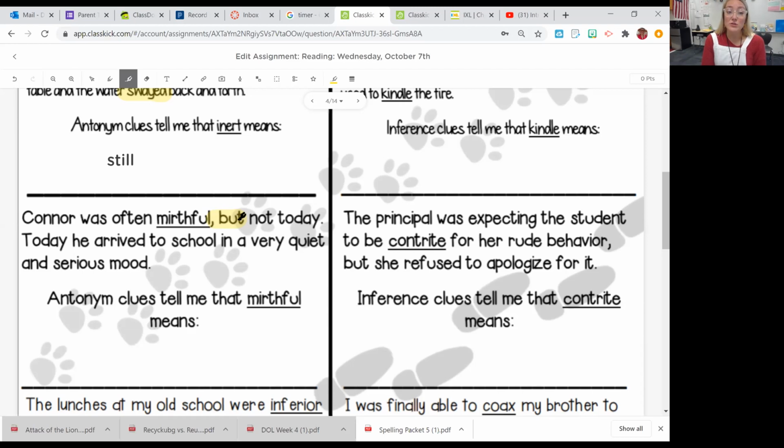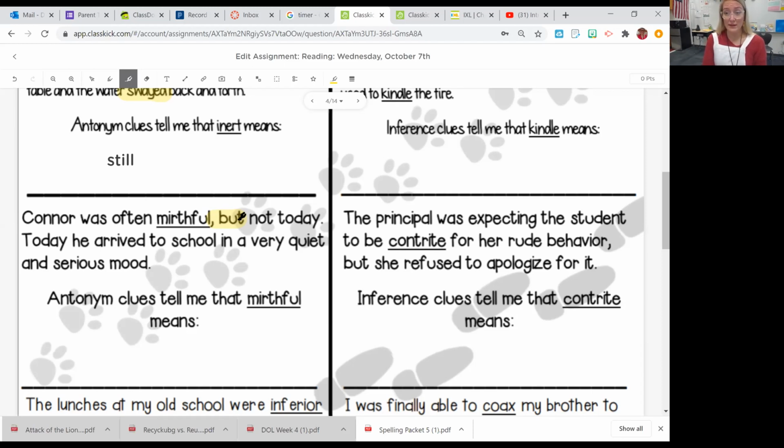Today, he arrived to school in a very quiet and serious mood. So we're looking at what mirthful means. He's often mirthful, whatever that means, but not today. And today he is in a very quiet and serious mood.